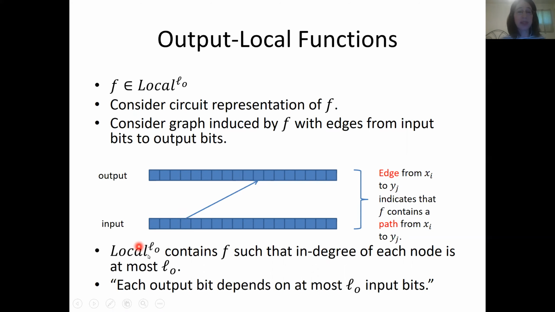Something is going to be in local LO if the in degree, so each of these output bits has in degree at most LO. So the number of edges coming in is at most LO. Semantically, this means that each output bit depends on at most LO input bits.